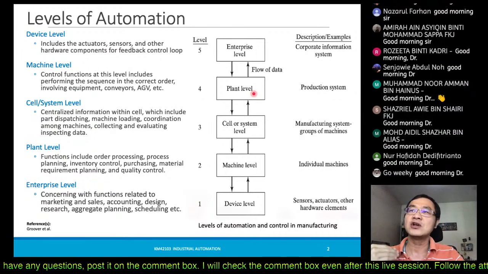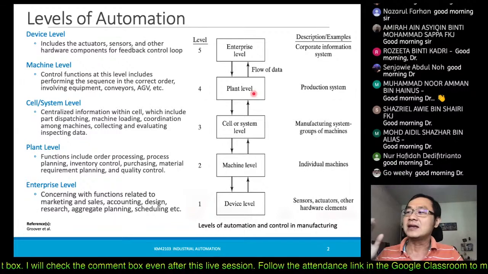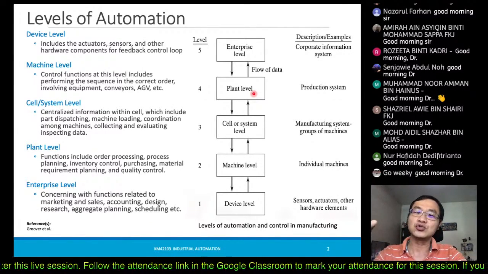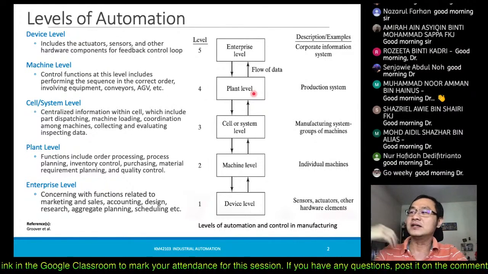This machine will now start to calculate all these things at the plant level, and they will send all this instruction to the machines at the factory to do the cutting on their own, right? So this is the level of things.